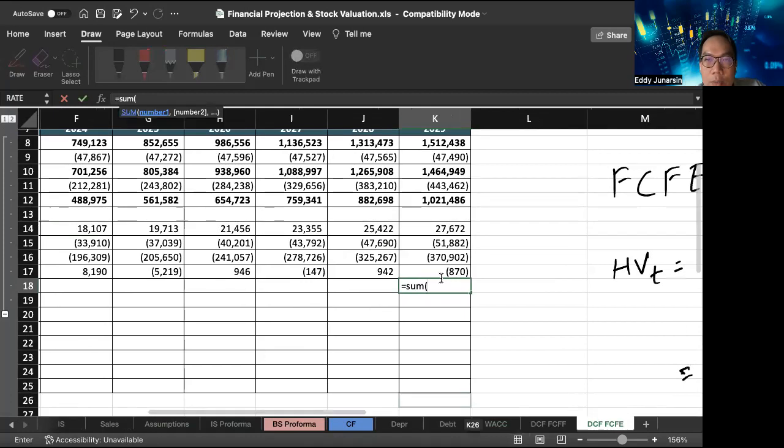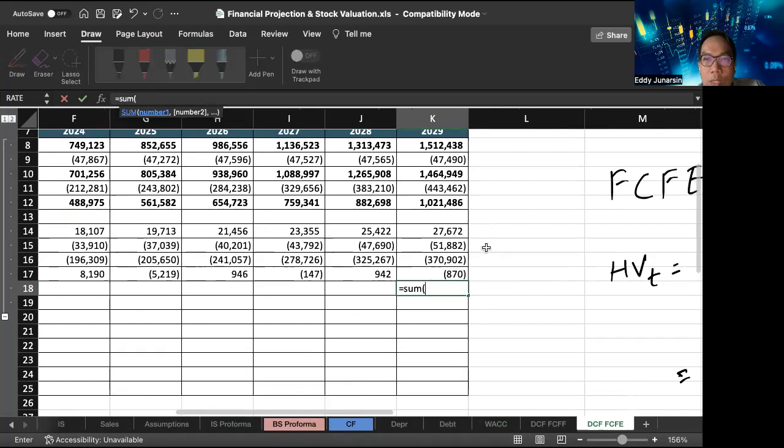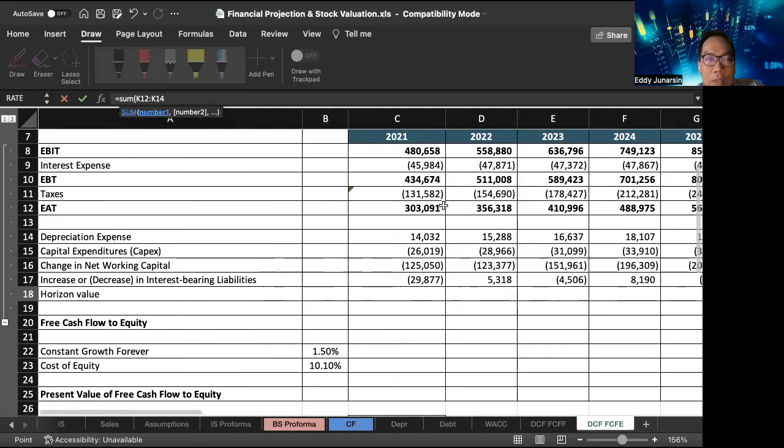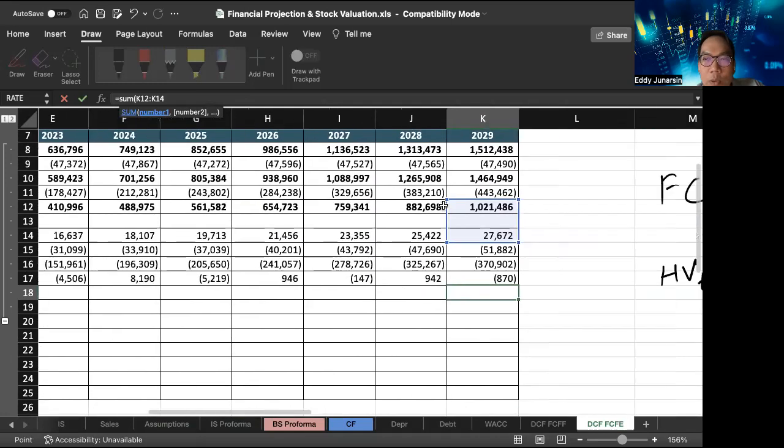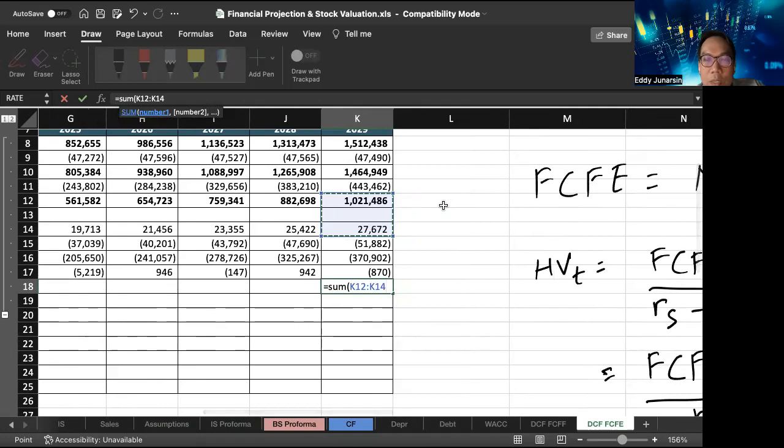So the free cash flow to equity holders in 2029 will be the net income. We add back the depreciation expense, minus capex, minus the change in net working capital, and plus or minus new debt, the difference between new debt and debt repayment.